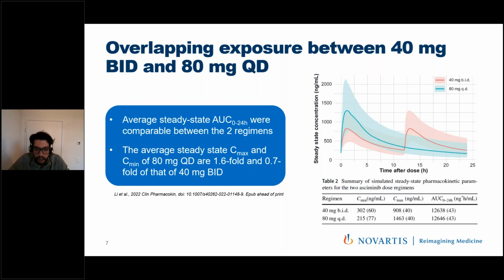And as expected, the steady state Cmax and Cmin between 80 milligram QD and 40 milligram BID were different, with Cmax being 1.6 fold higher and Cmin being 0.7 fold lower compared to the 40 milligram BID. And of course, further to this, using these PK metrics as well as the exposure of the drug, model-based exposure efficacy and exposure safety analysis was used to support our arguments of the similarity between the two regimens, and actually that the two regimens can be interchangeable.